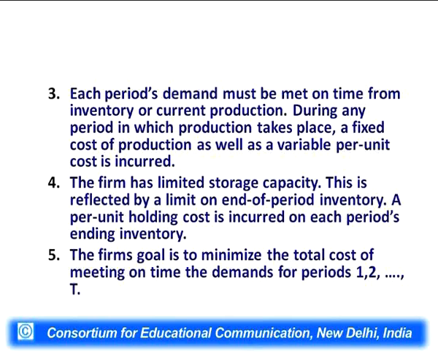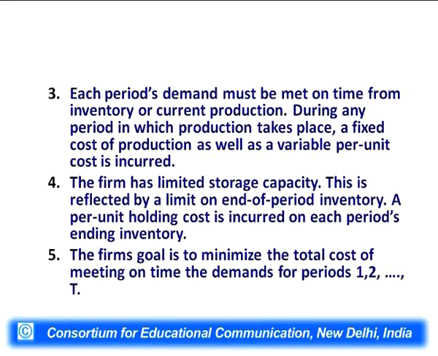During any period in which production takes place, a fixed cost of production as well as a variable cost per unit is to be incurred. If something is being manufactured, we have to cover the variable cost, because the fixed cost has already been incurred. The fourth point to be considered is the firm has limited storage capacity.